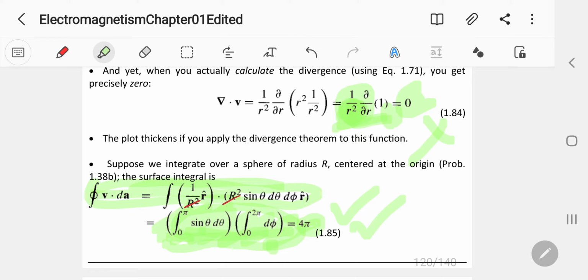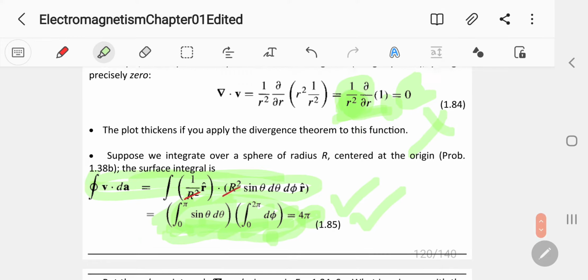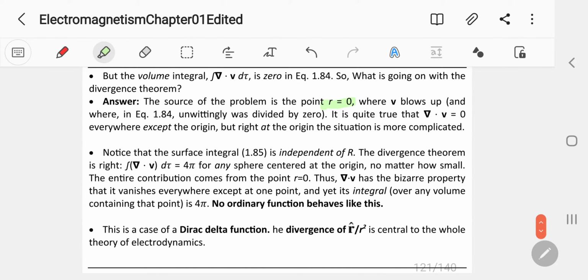Therefore, the integral of the divergence of 1 over r squared r hat d tau is equal to the integral of 1 over r squared r hat dr, which is equal to 4 pi.